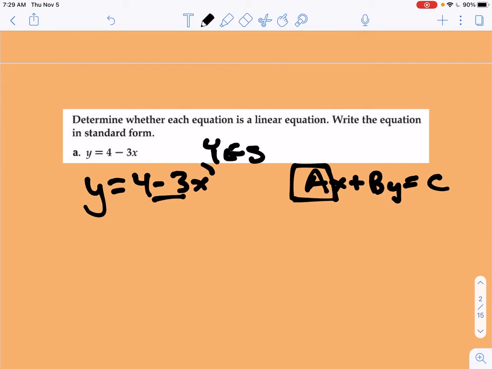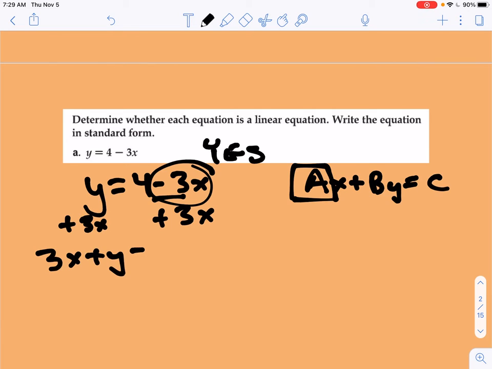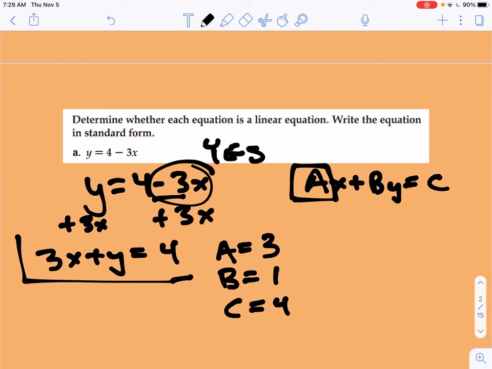So maybe what I should do is just move this over to the other side because then that puts them together and it makes my x term positive. So I'm going to add 3x to both sides, and you're going to get 3x plus y equals 4. I look at this and I go, okay, all of my coefficients are integers. My a coefficient is 3, b is 1, because there's nothing listed in front of the y, and my c is 4. So yeah, we're in good shape. That's in standard form, and we are good.